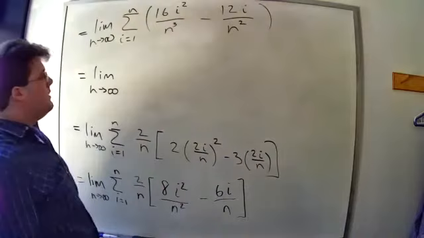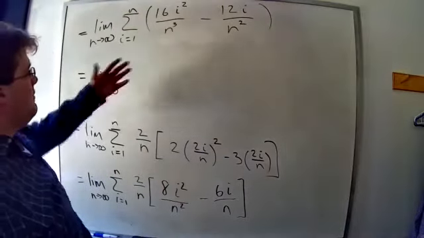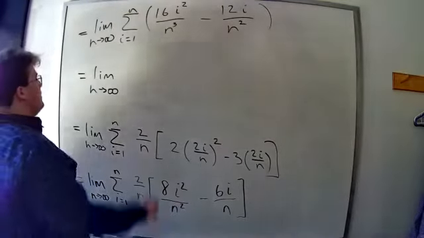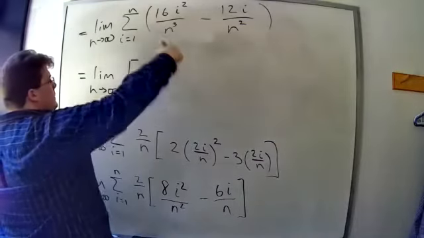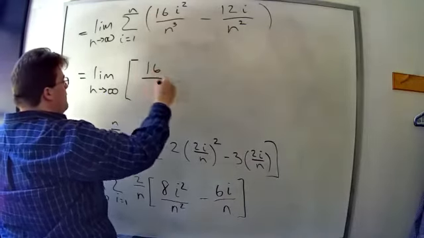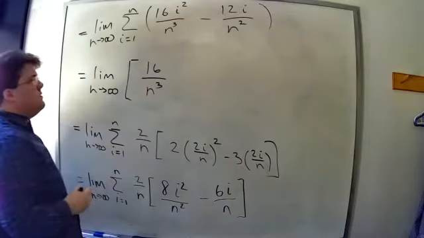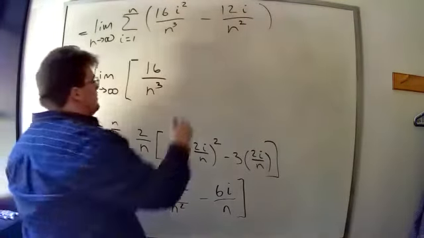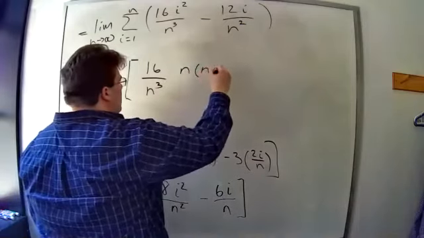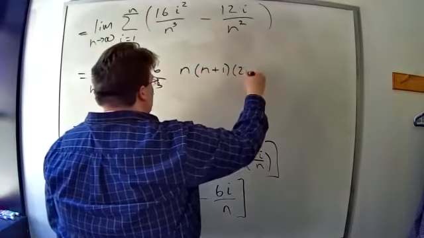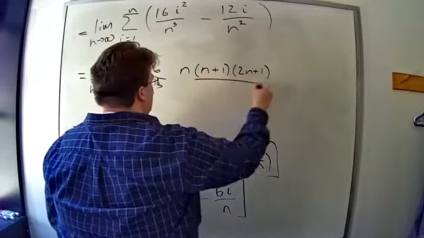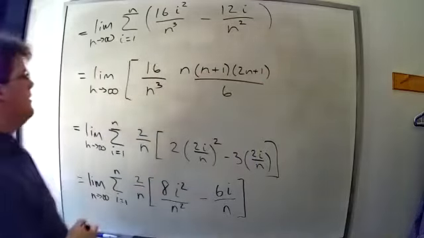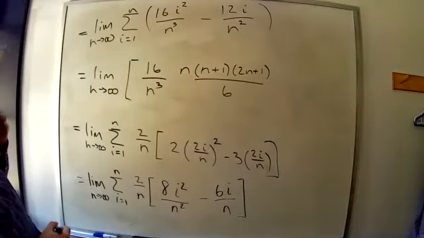Right now that it's written like this, we can get rid of the sum of i squared and the sum of i. And how can we do that? Well, for the first piece, I'll take the 16 over n cubed, and then we have left the sum of i squared, which equals that. There it is, that minus.